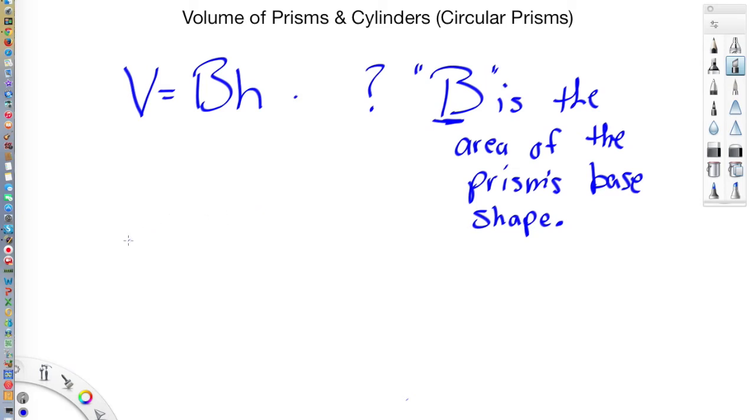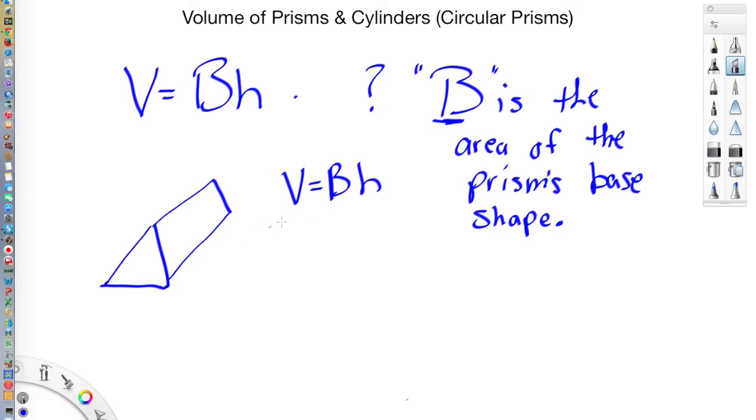So first of all, let's take a triangular prism. Here's our triangular prism, and I want to know what the volume is. Well, it's going to be big B times H. To get big B, I'd take the area of my base shape, which is a triangle. The area of a triangle is base times height divided by 2. I'd drop a perpendicular line, that would be the height of the triangle.